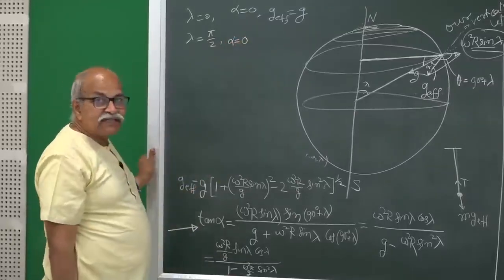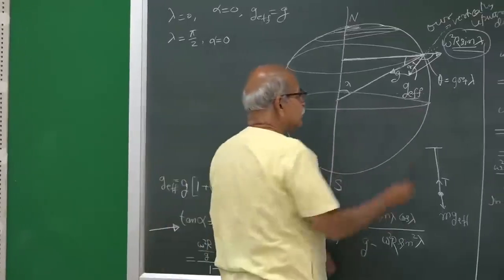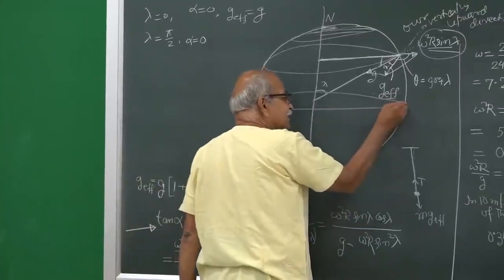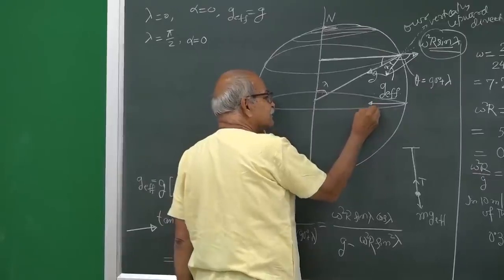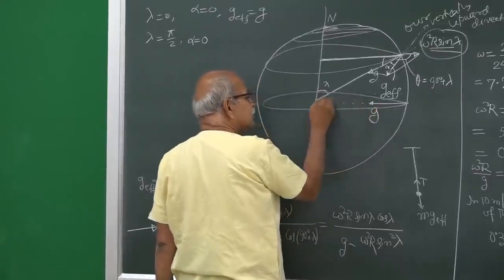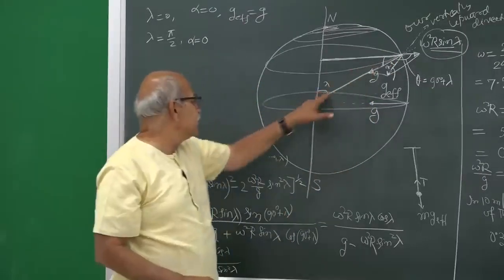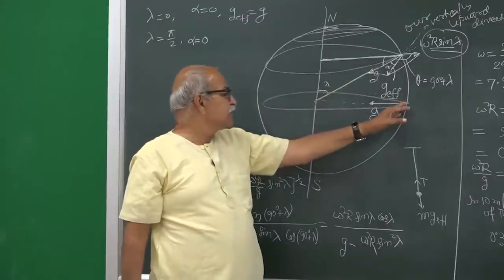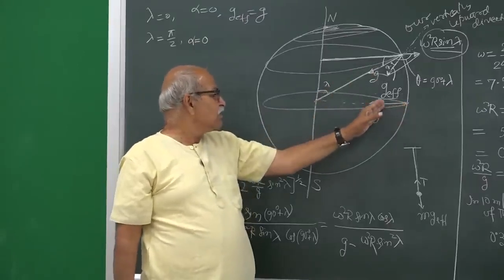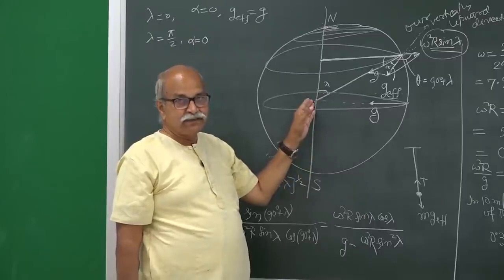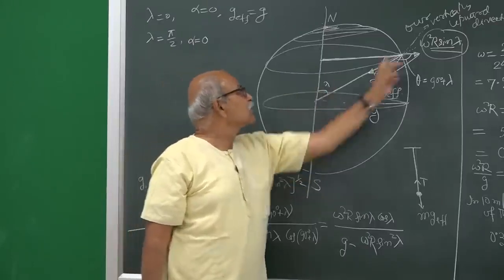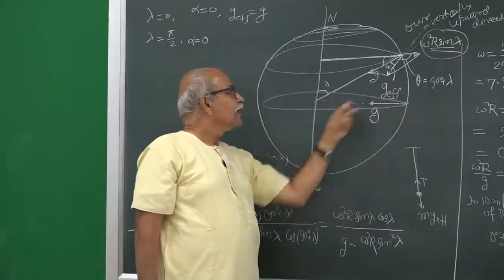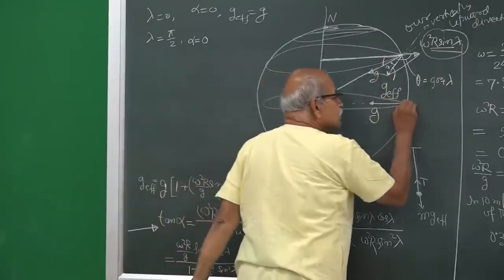What is the significance? If you are on the equator, the real vertical is in this direction, passing through the center of the earth, this is the real g. So, if you are somewhere on the equator of the earth, then this small g is passing through the center of the earth, and therefore, this direction is here.